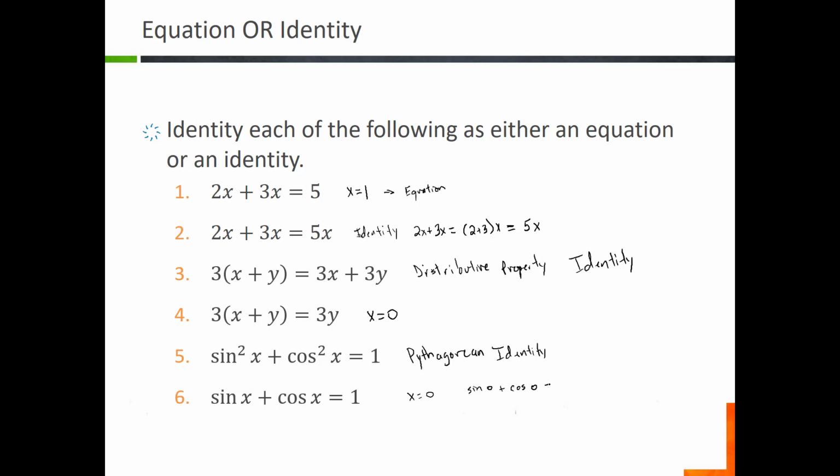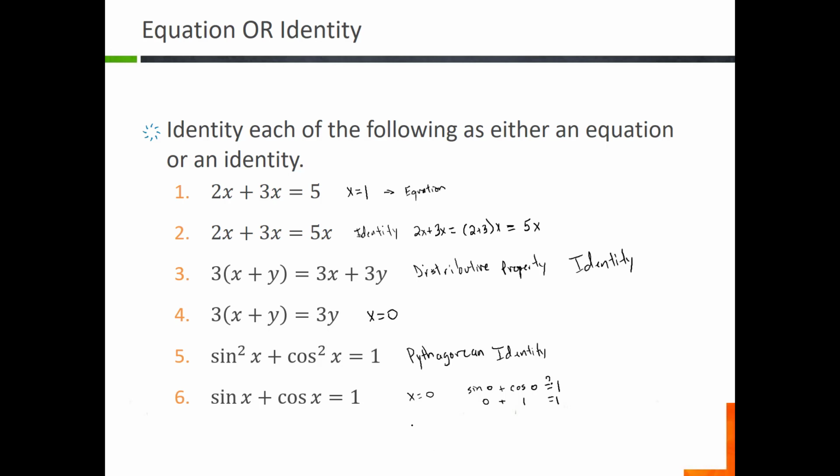And I want to know, is that equal to 1? Well, sine of 0 is 0, cosine of 0 is a 1. Well, that is actually equal to 1. Now, that doesn't prove that it's an identity, it's an example that worked.